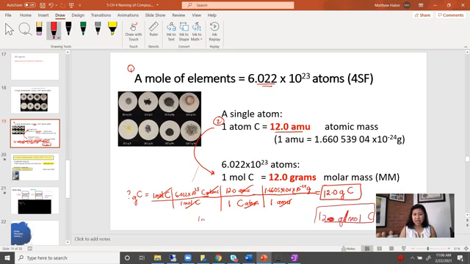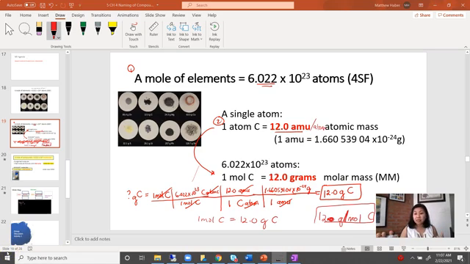It just means that in a mole of carbon, there's actually 12 grams of carbon. It's basically just written out in terms of a ratio, grams per mole. So that is the molar mass. It will have the units grams per mole. Atomic mass will usually have the units AMU per atom.